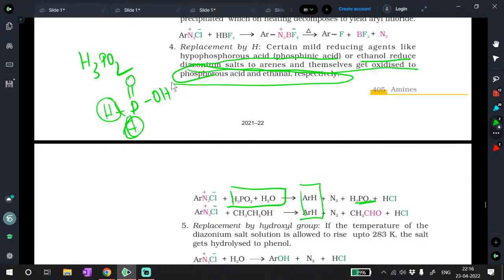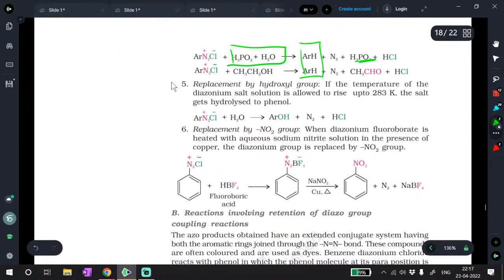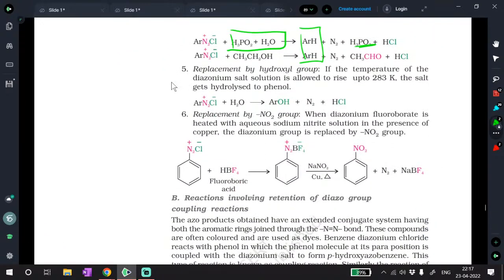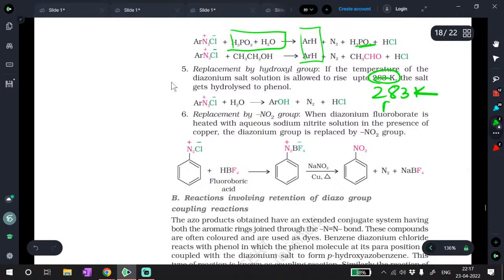So you reduce it, and then you get orthophosphorous acid. Then you get HCl. At 283 Kelvin, phenol by hydrolysis.